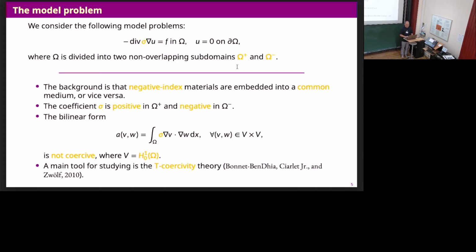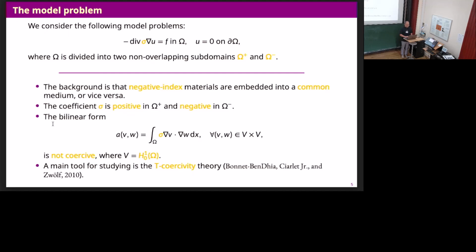We call this omega plus and omega minus. And then for the problem we consider, we will assume that the coefficient sigma is positive in omega plus and is negative in omega minus. Okay. So this is the model problem that we consider.